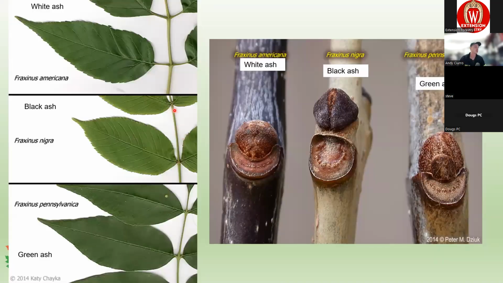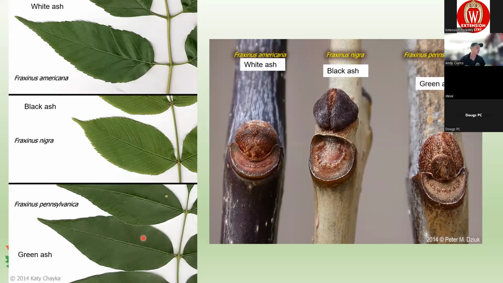And then here's an example of ash if you look at the PowerPoint again. At the top, that's white ash. Clearly these leaflets have petioles, right? Very clearly. And then clearly black ash does not have petioles. So green ash, I don't know.